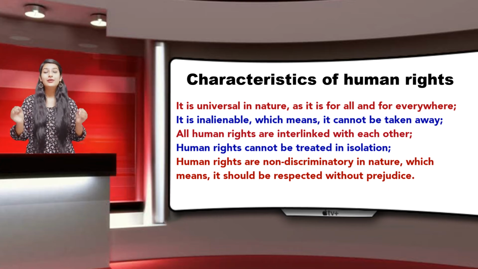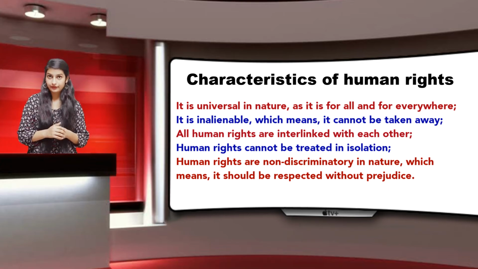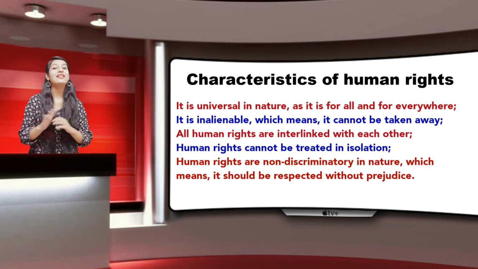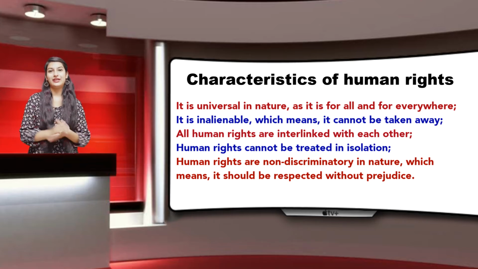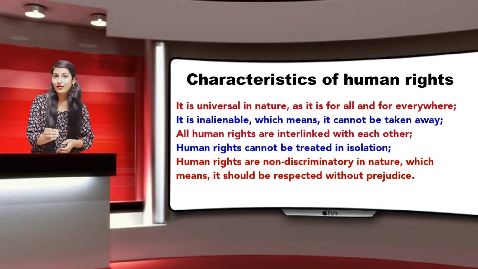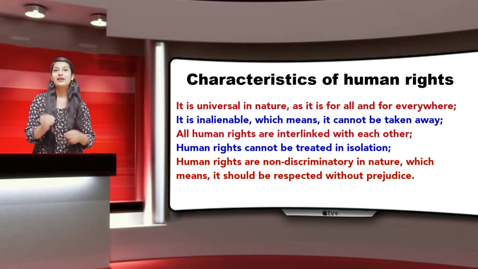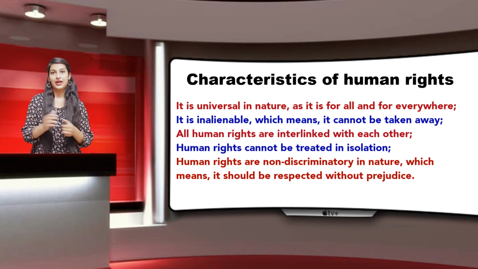Third, all human rights are interlinked with each other. And fourth, human rights cannot be treated in isolation. And last, human rights are non-discriminatory in nature, which means they should be respected without prejudice.